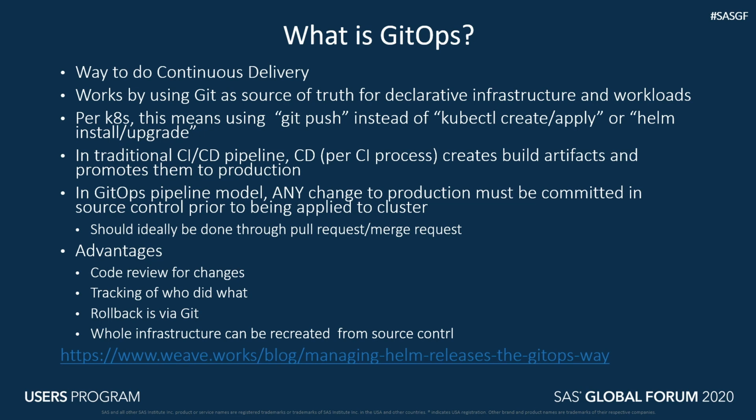What are we saying here? We're talking about being able, instead of relying on users to do things via the kubectl command line and getting that right, instead, we manage our YAML specifications in Git.